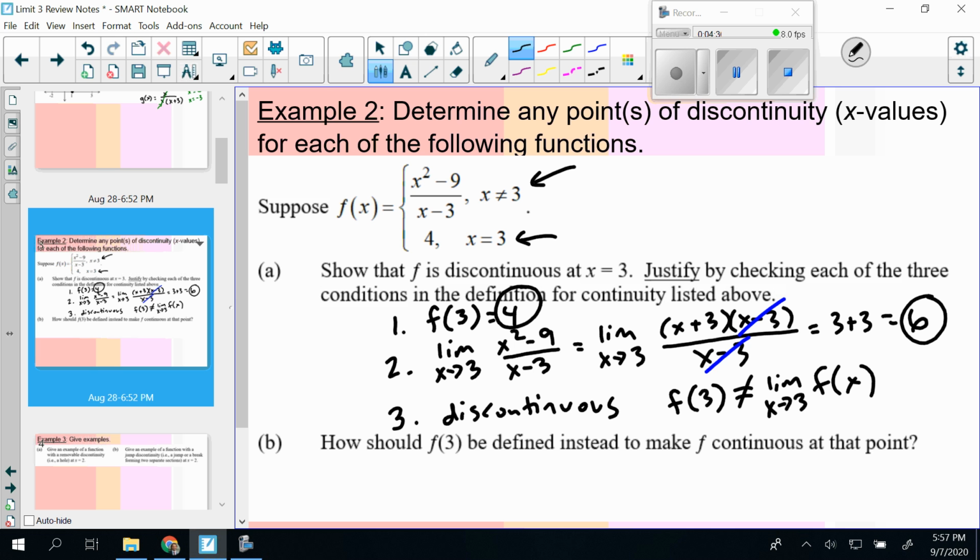How should f of 3 be defined to make this continuous? If we wanted to make this continuous, instead of having this equal 4, we would want it to be 6, so that f of 3 would be 6, and then it would match our results of our limit.